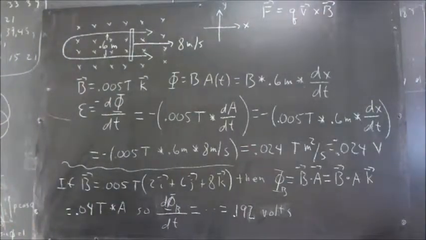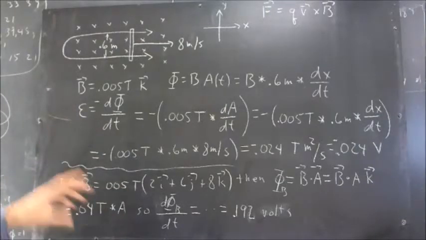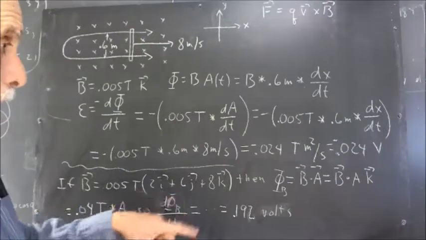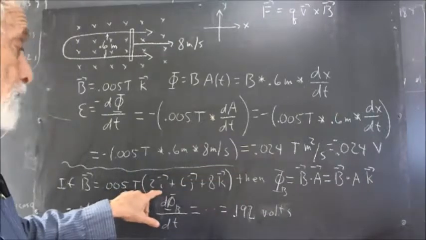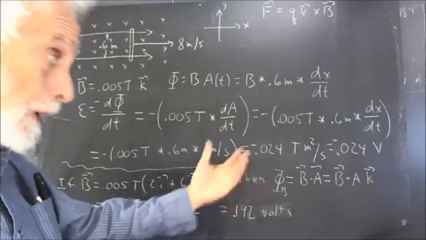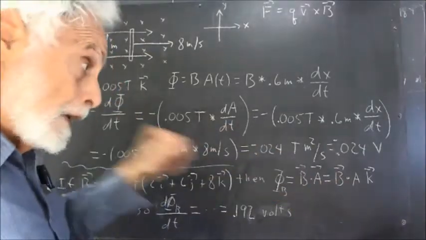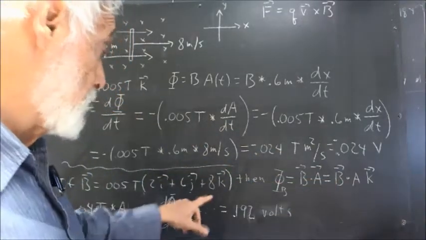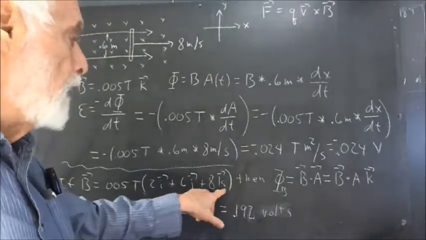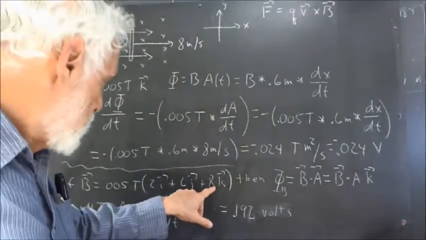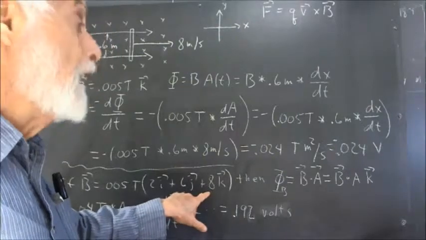Okay, the dot product of B with the K vector: the 2I has dot product 0 with the K vector. The 6J will have dot product 0 with respect to the K vector. And the 8K will have dot product just 8.